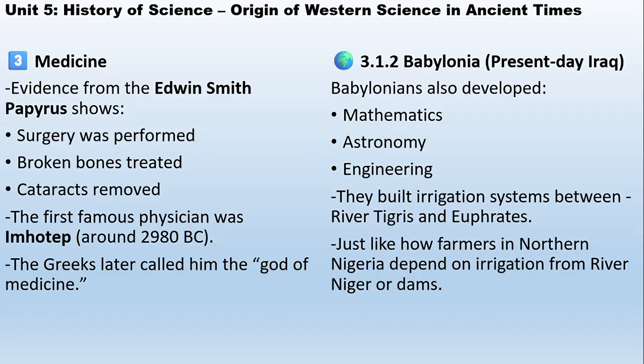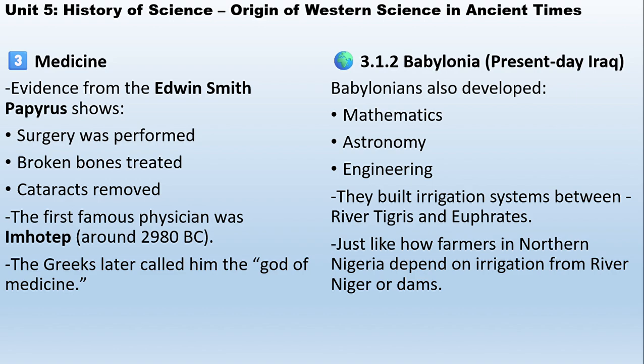He was not the first physician, but he was the first famous physician because he was able to do his work very well, and he was able to surpass every other physician under the medicine category.